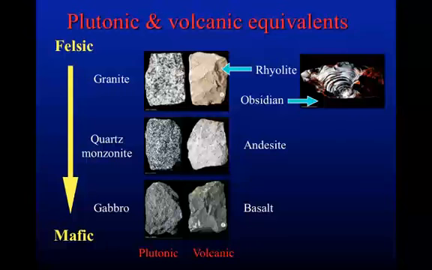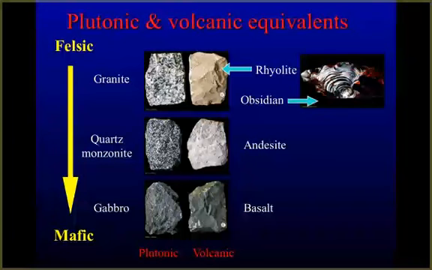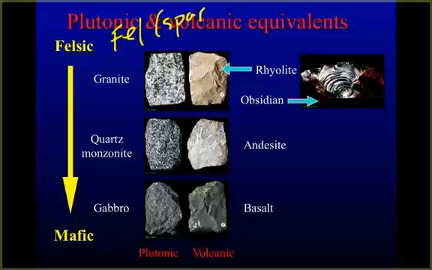And felsic derives its name from fel for feldspar, spar there, and silica, Si. So the felsic rocks are much more rich in feldspar and silica and are generally lighter colored.